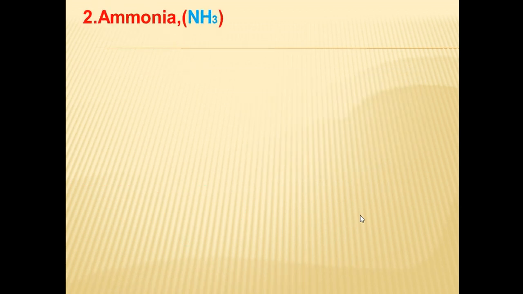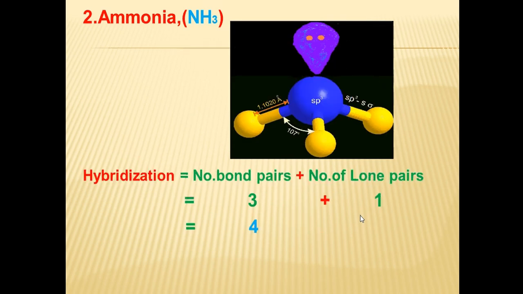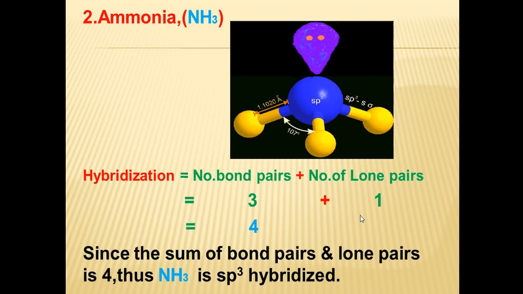In the case of ammonia, there are 3 bond pairs and 1 lone pair. Since the sum of the bond pairs and lone pairs is 4, therefore ammonia is also sp3 hybridized.